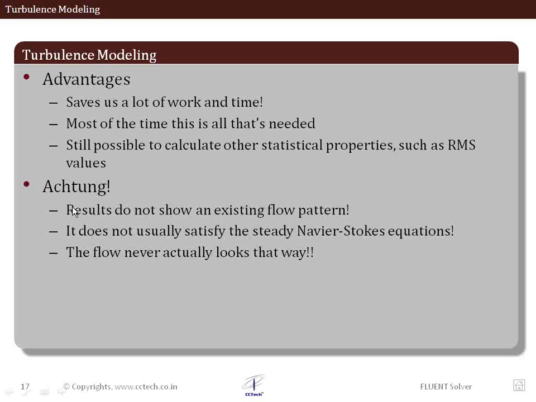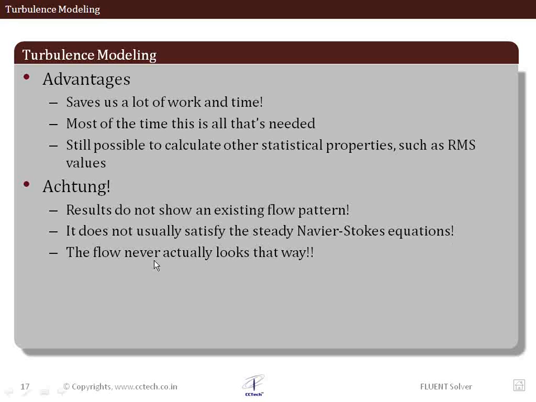But we have to be cautious while dealing with turbulent flow results, as they do not actually show the existing flow pattern, because most of the time we look for a steady state flow, although turbulence is actually a chaotic and highly transient phenomenon. So it does not actually satisfy the steady state Navier-Stokes equation either.